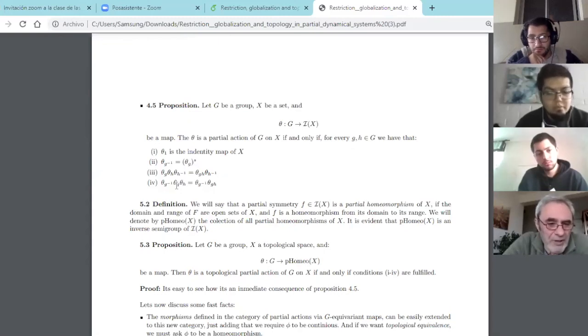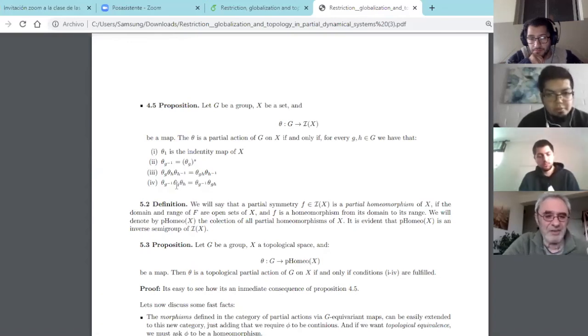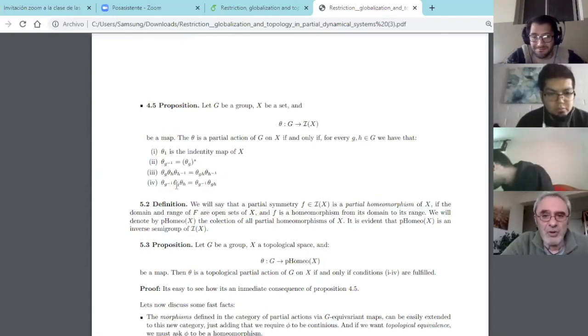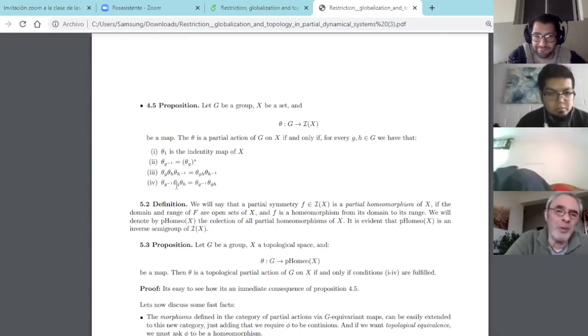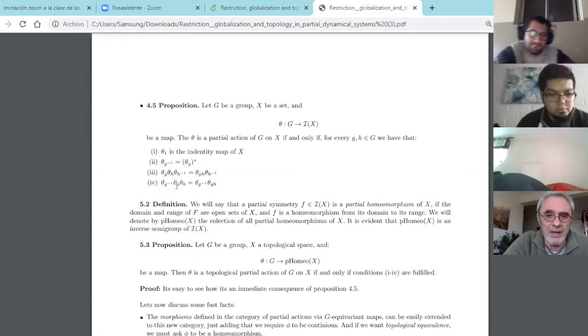A priori, you compare theta g composed with theta h with theta associated to g times h, and they should not be equal, because you are coming from a situation which was quite bad. We have seen this in a previous interpretation: the problem was that restricting conveniently, they become equal. You restrict one to the domain of the other and they become equal.